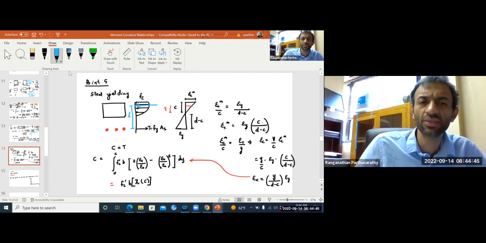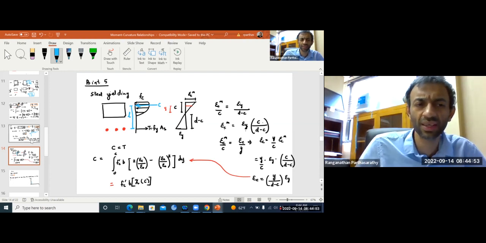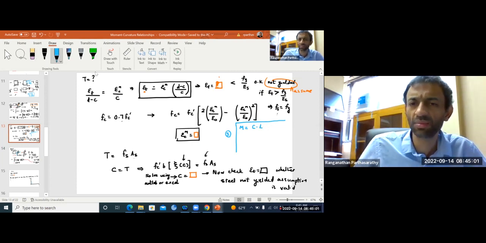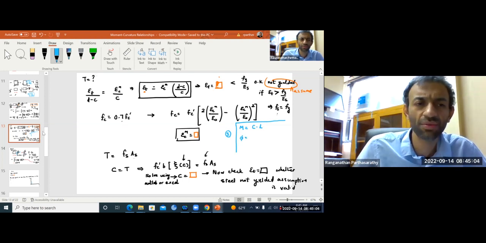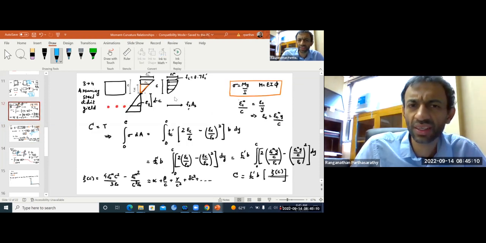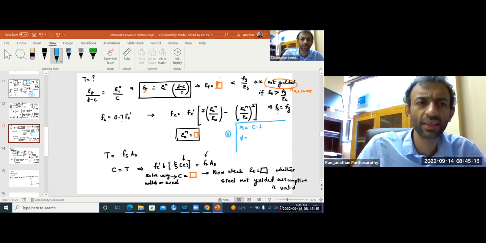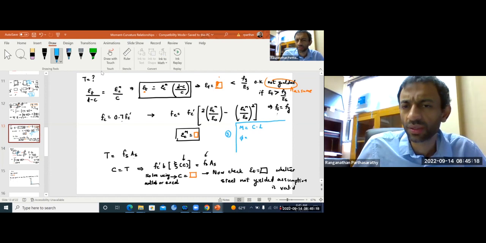I call that L. I need to find where the centroid of this nonlinear region is, and there my C acts. From there to D is L. So for point 3, my moment is C times L, the lever arm. And phi, how do I get phi? I know the concrete strain epsilon CM at C, so I can take epsilon CM over C. That's my curvature.